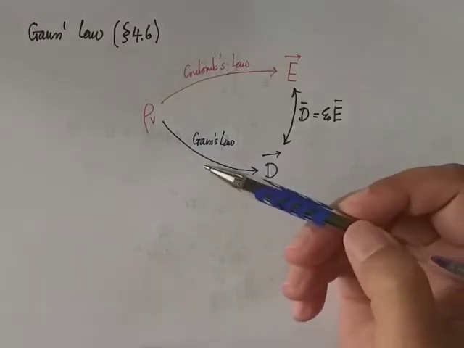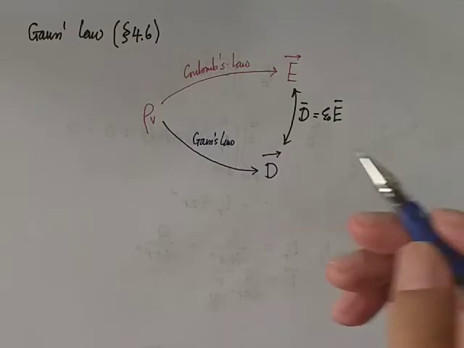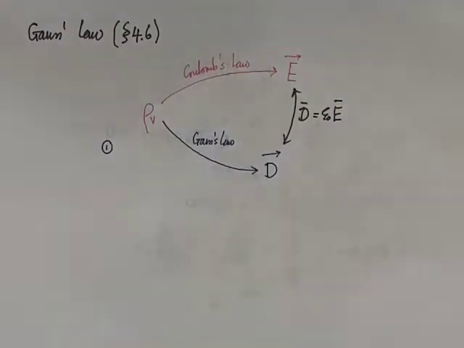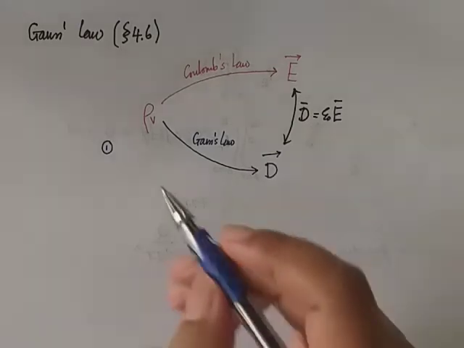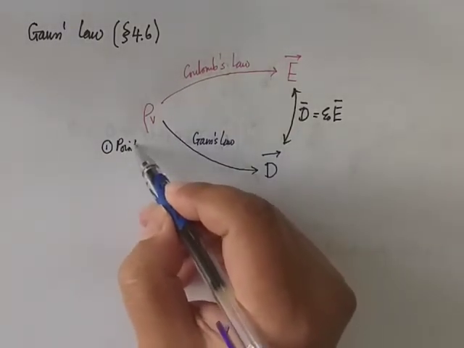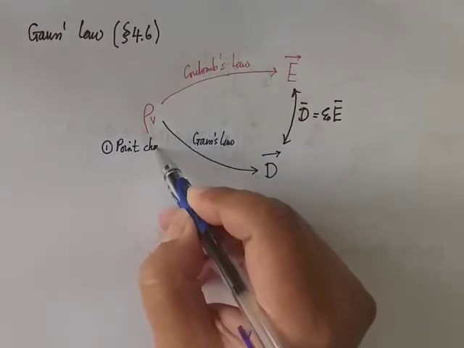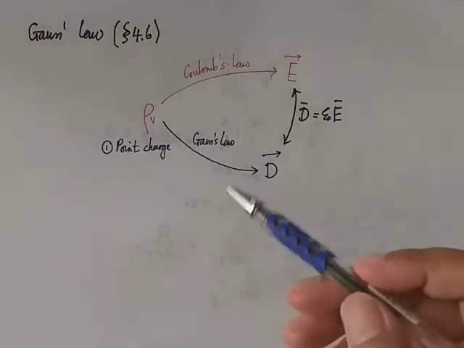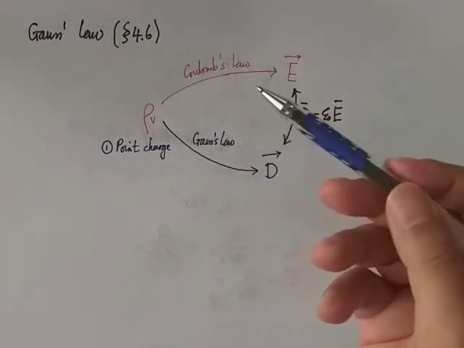So which cases allow Gauss's law to be used? Okay, the first case is when you have a source as a point charge. When you have a point charge, you can use Gauss's law or Coulomb's law, it doesn't matter.